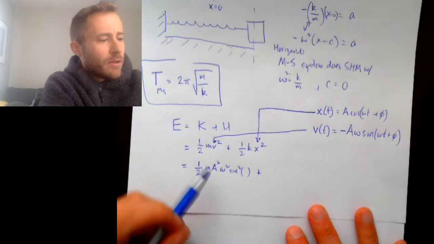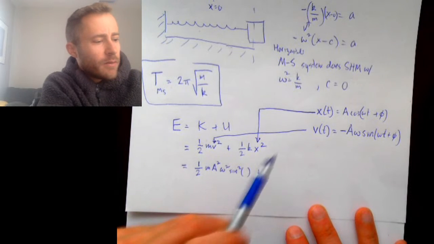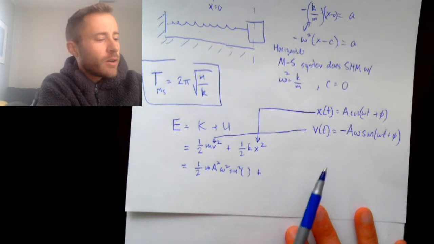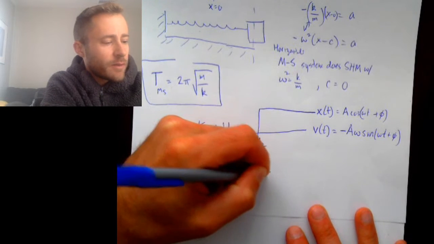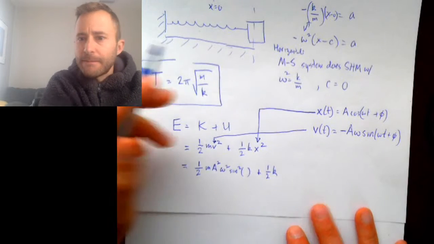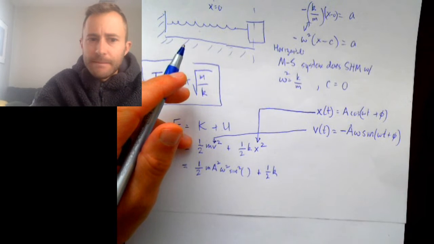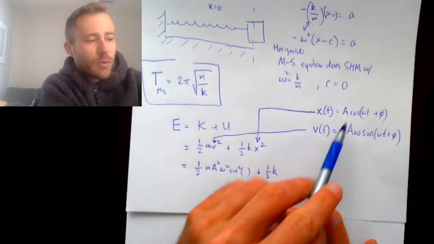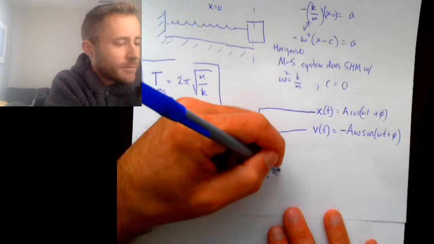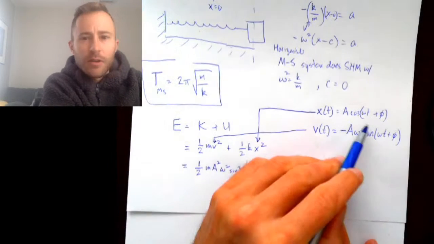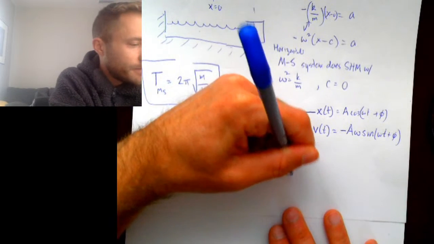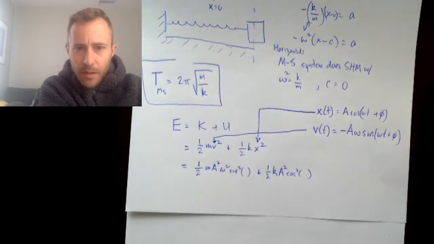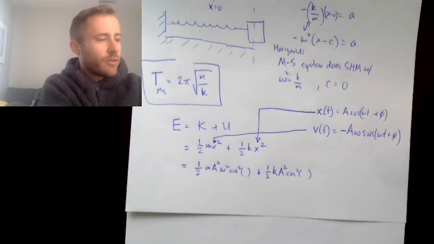Okay. Now, for this potential energy term, we are going to get 1/2 k x squared. So squaring x gives me a squared cosine squared of stuff. Now here's the thing.